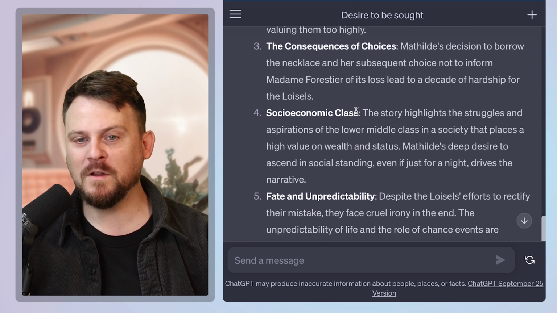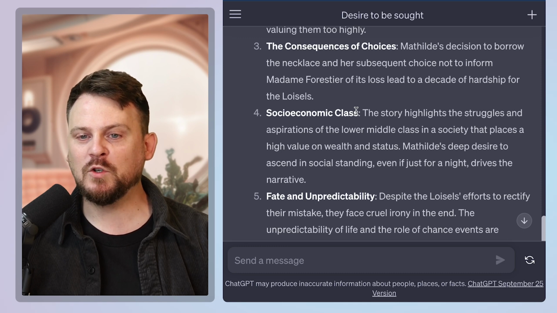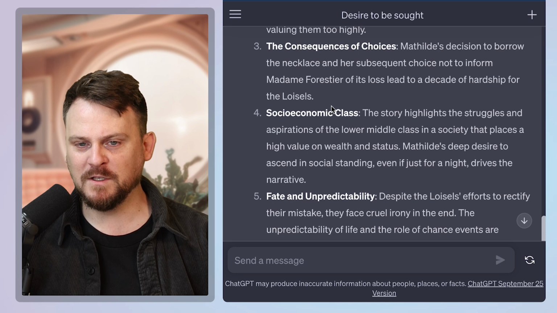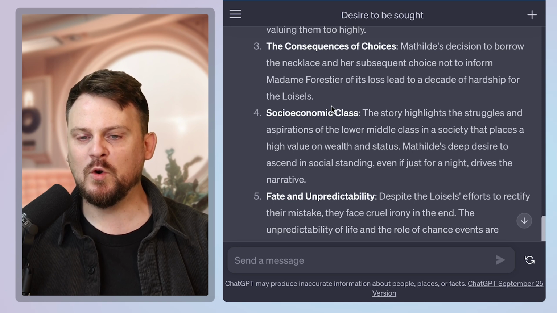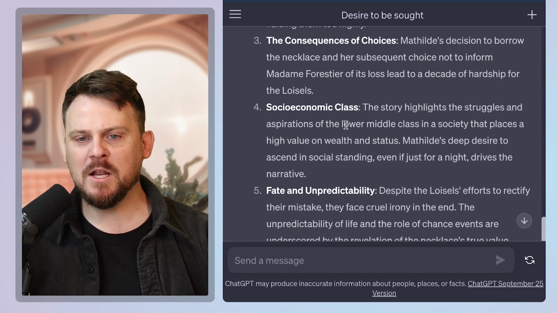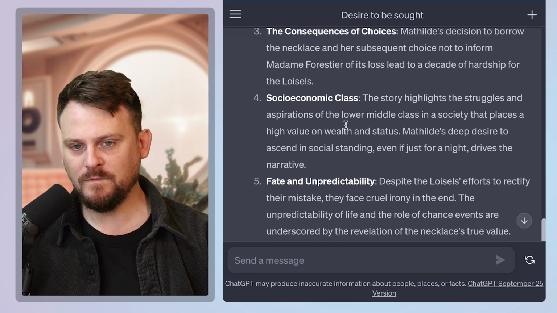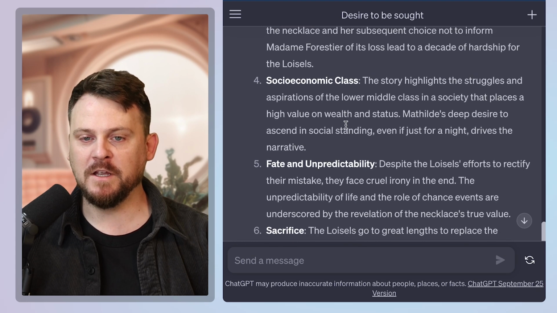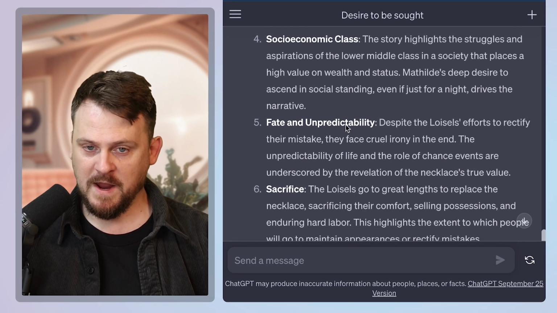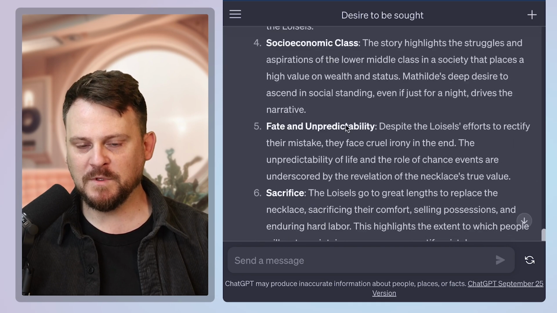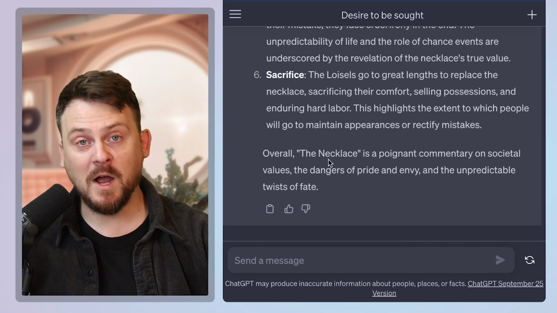Mathilde's decision to borrow the necklace and her subsequent choice not to inform Madame Forestier of its loss led to a decade of hardship for Loisel. Socioeconomic class. The story highlights the struggles and aspirations of the lower middle class. Okay, fate and unpredictability. Sacrifice. Okay, so these are the themes, and then we might have a follow-up kind of conversation.